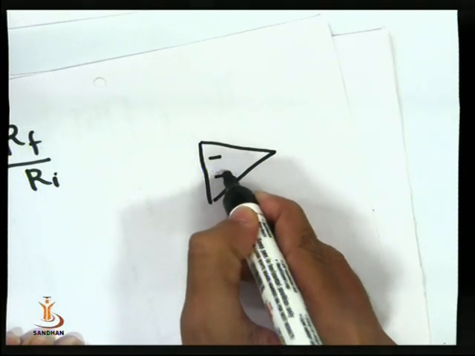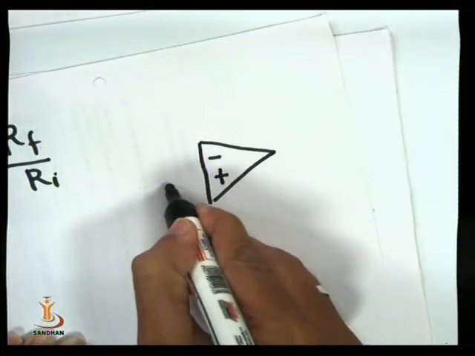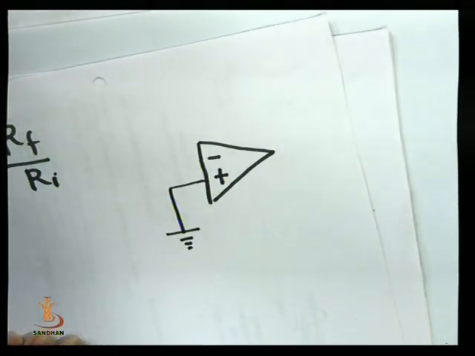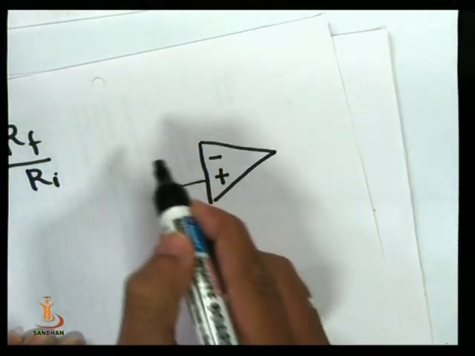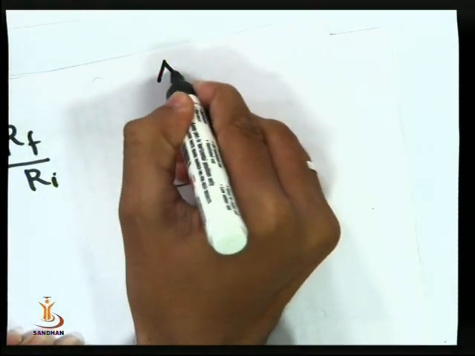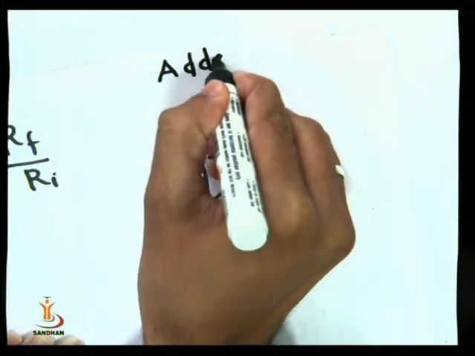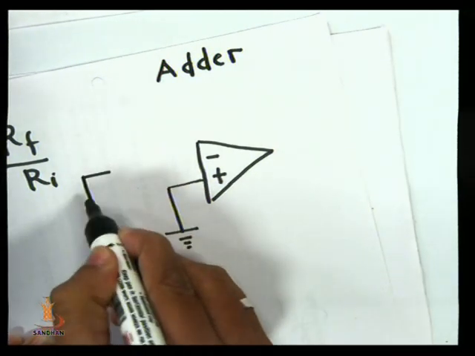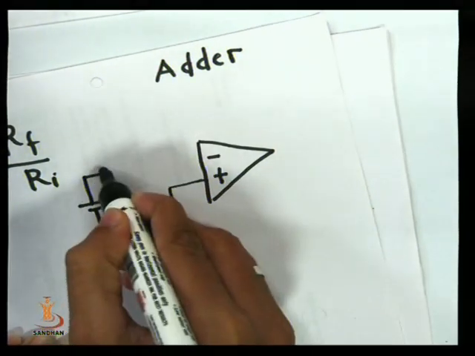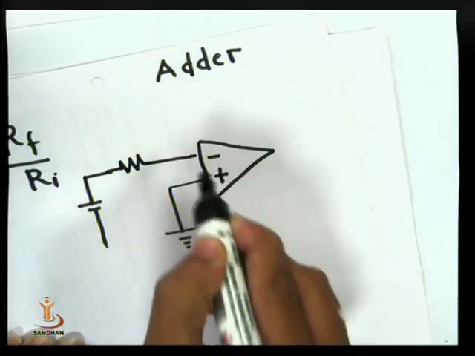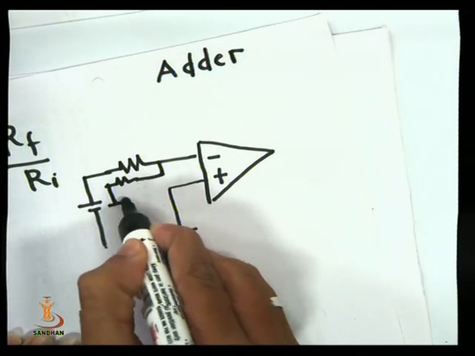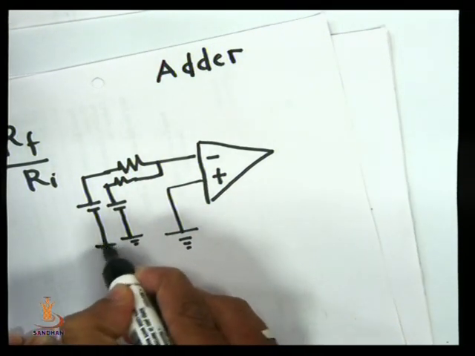Here is the negative terminal and the positive terminal. The positive terminal is grounded to make the amplifier work in inverting mode. So here we are trying to see the adder circuit. I have two batteries with one resistor, and another battery like this.